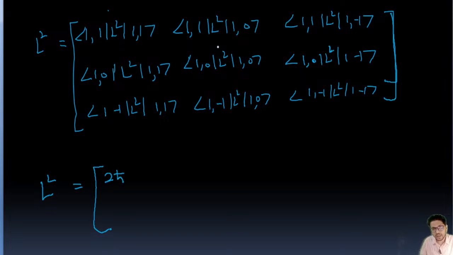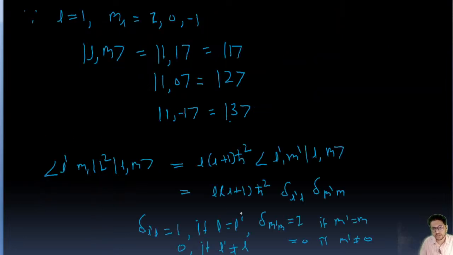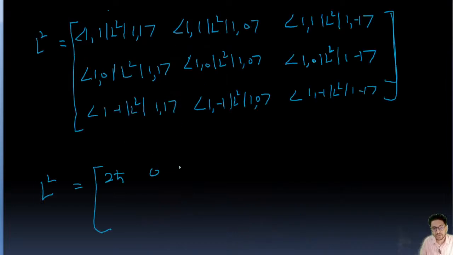These other values are going to be 0 because these are different states. Taking h cut square outside, this state is 1, 1, with 1, 0, and the Kronecker delta gives 0, 0, and similarly here it is 0.